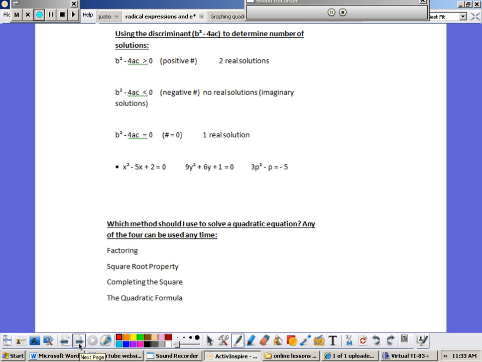Okay, I've already talked about this a little bit, but you didn't know what it meant. Using the discriminant, that's the value underneath the square root, b squared minus 4ac, you can determine the number of solutions you're going to have.